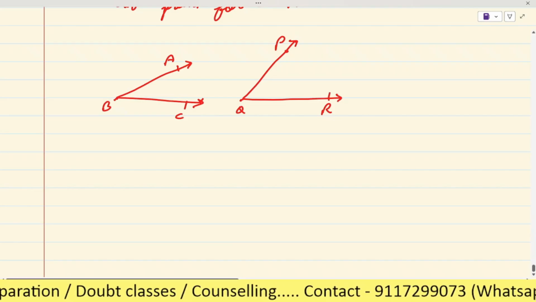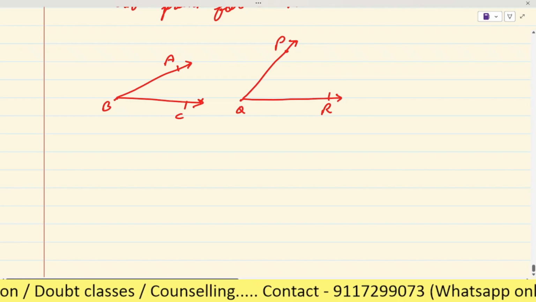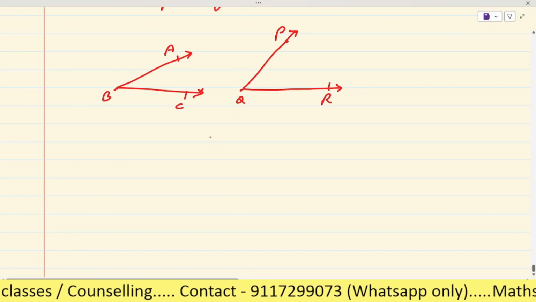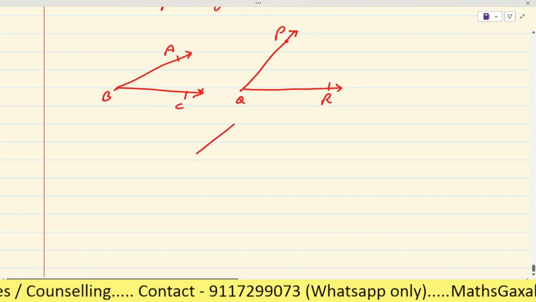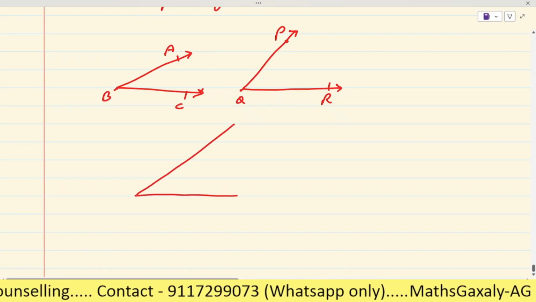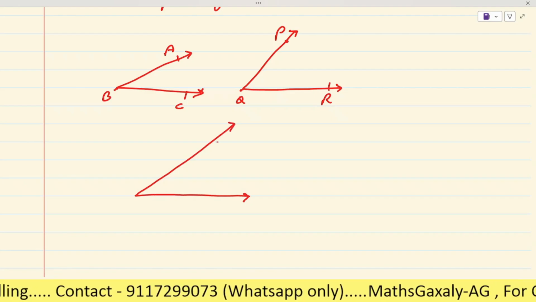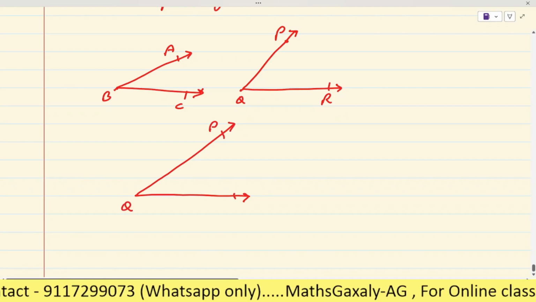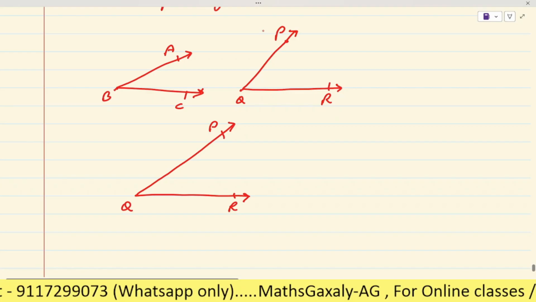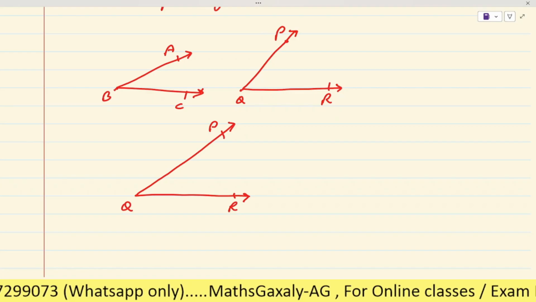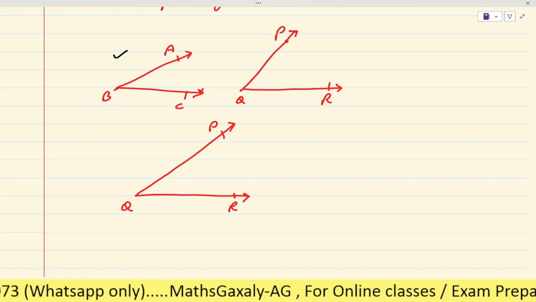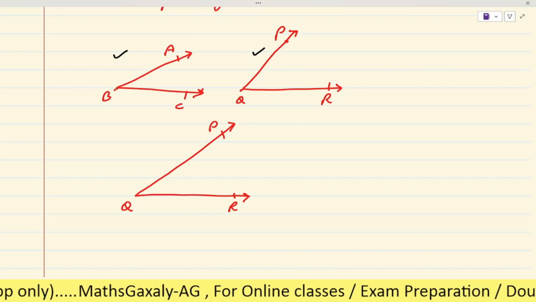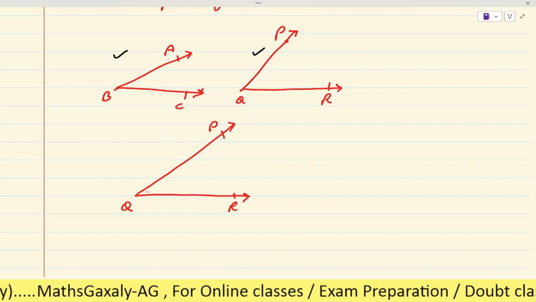Here we have to place them one over the other. Let the first one be PQR. Now we have to overlap or place this angle onto the other angle, keeping the vertex at the same point.